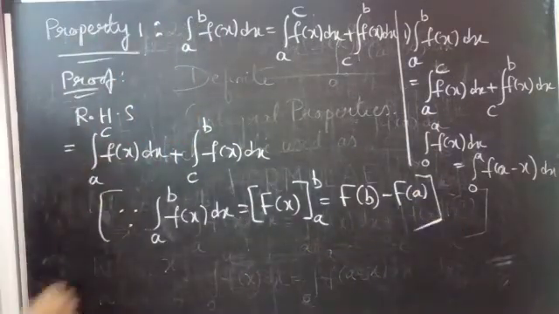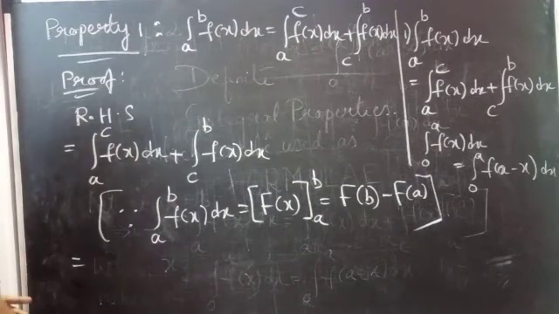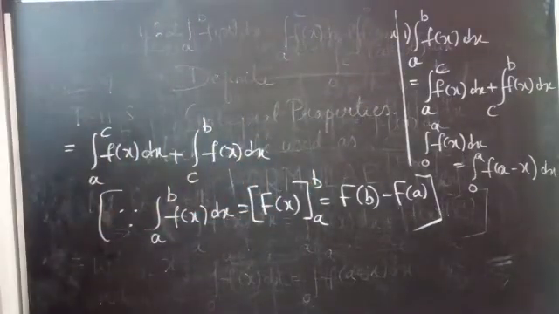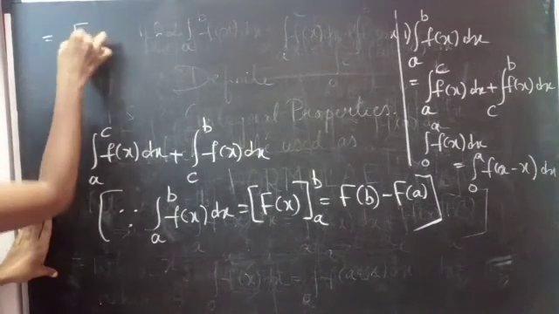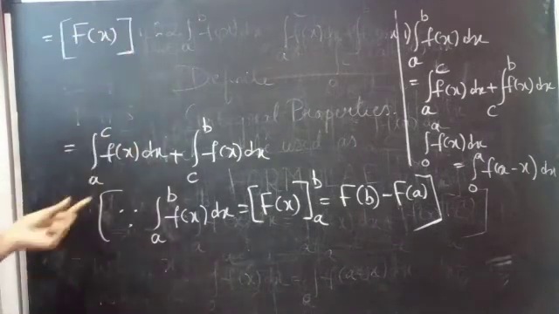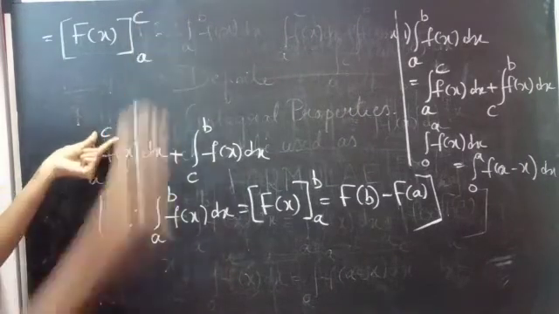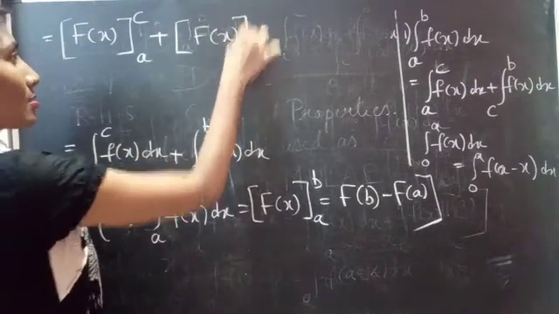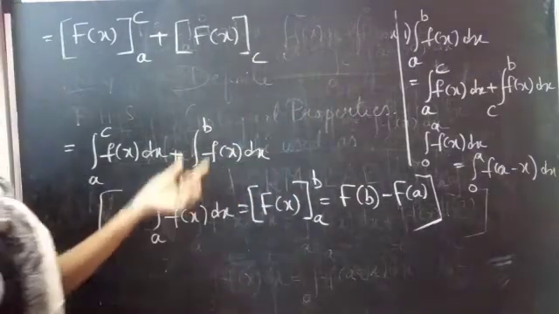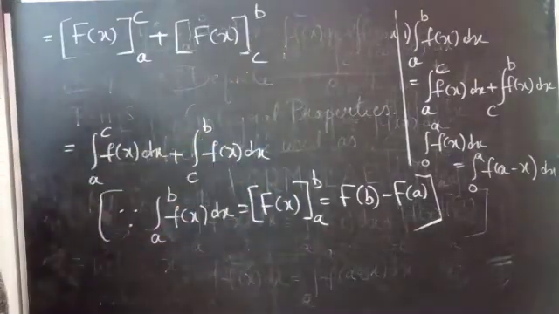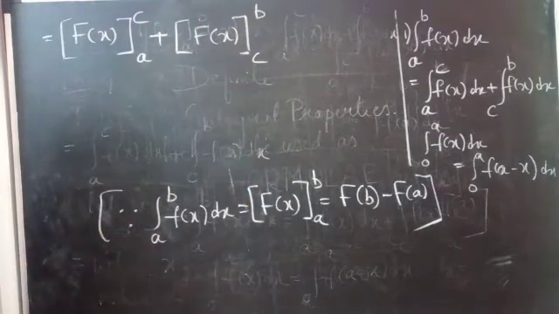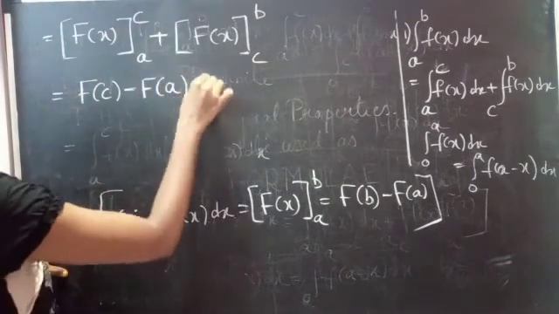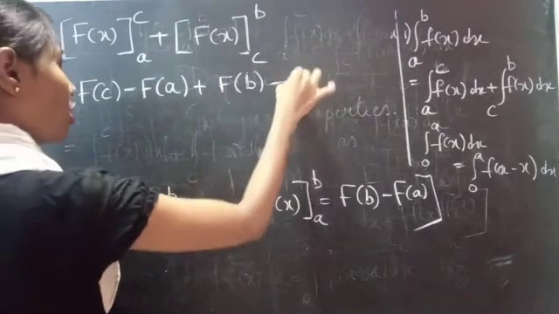So this is equal to capital F of x between the limits a and c, plus capital F of x between the limits c and b, which is equal to F of c minus F of a plus F of b minus F of c.